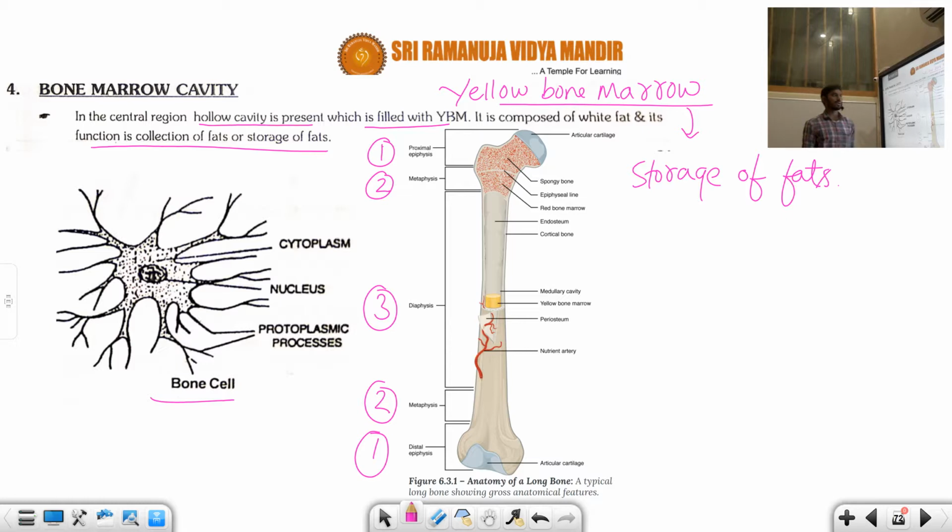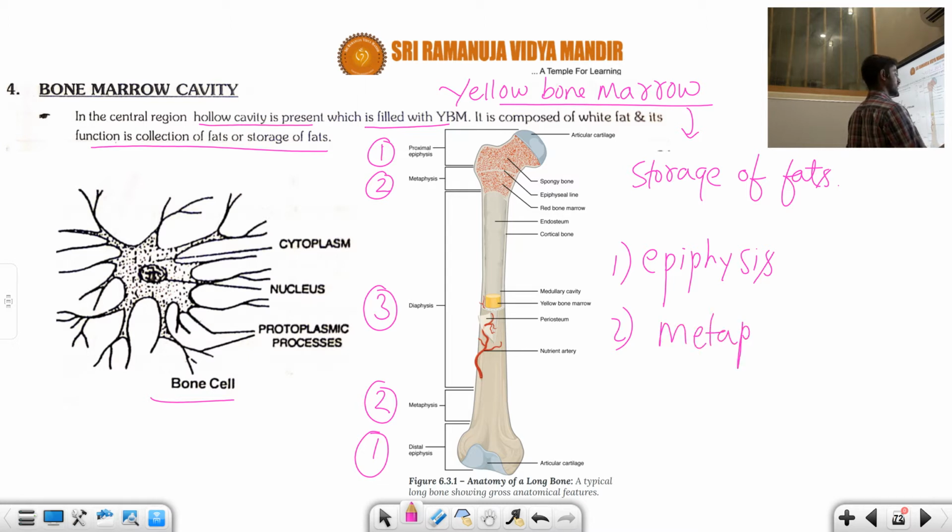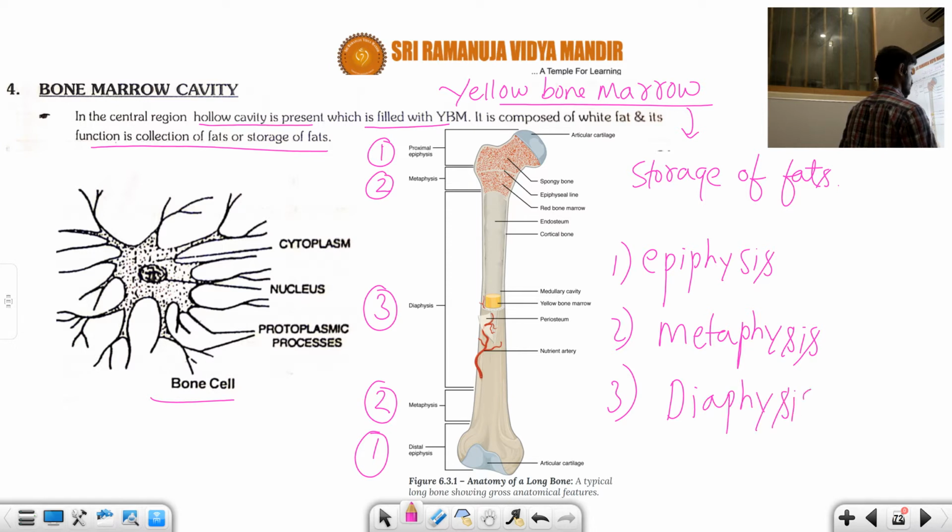So the bone is differentiated into three important parts: epiphysis, metaphysis, diaphysis.